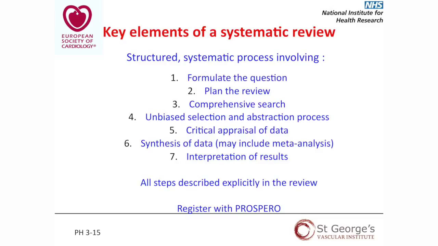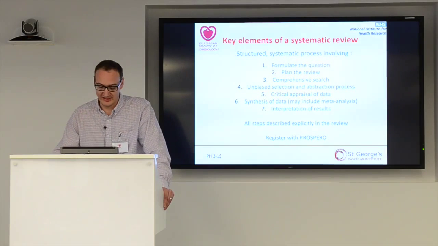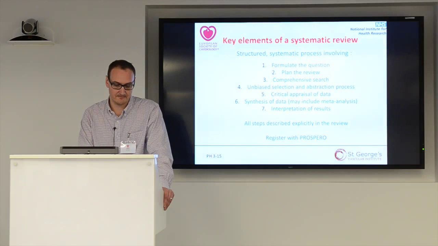And all of these steps must be explicitly described in the review and any subsequent publications. And increasingly, any review must be registered with a database such as Prospero, which also lets you know if someone else is doing exactly the same thing at the same time and saves you from replicating work.